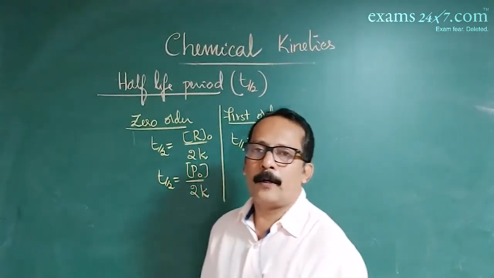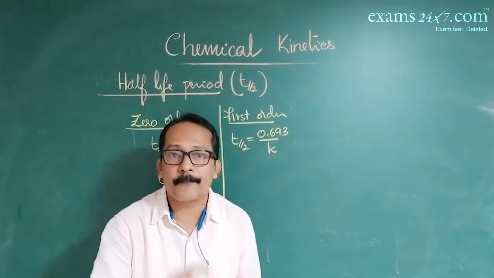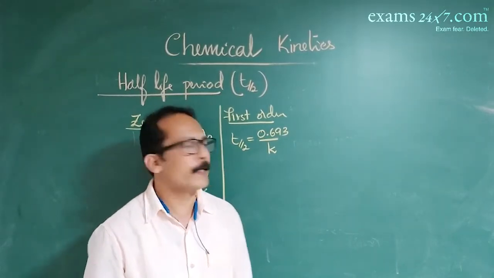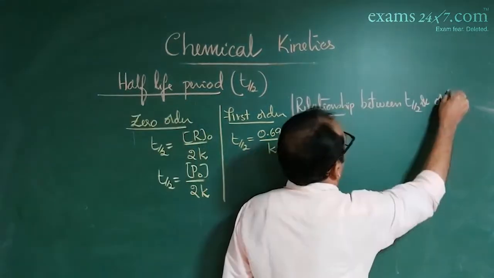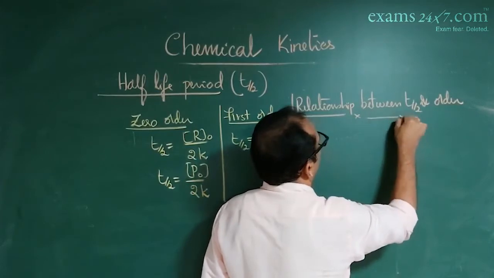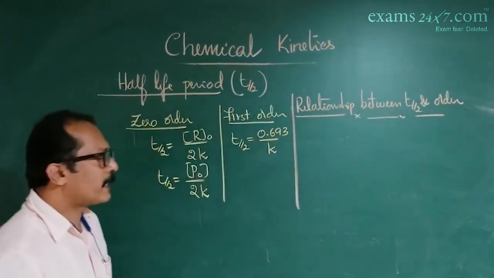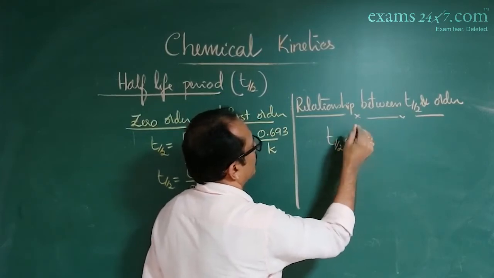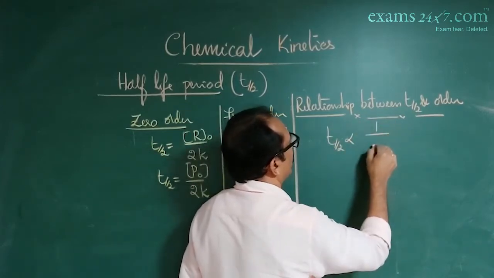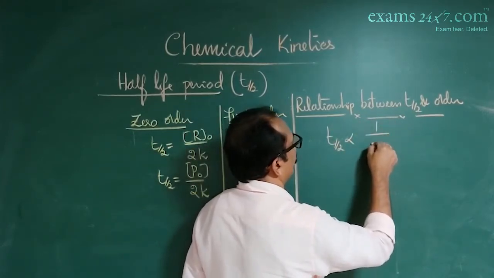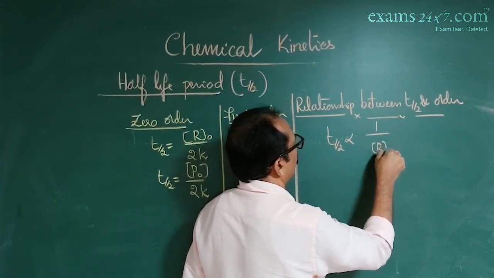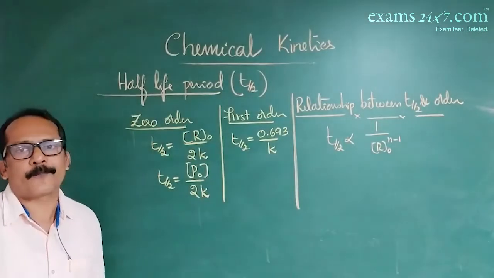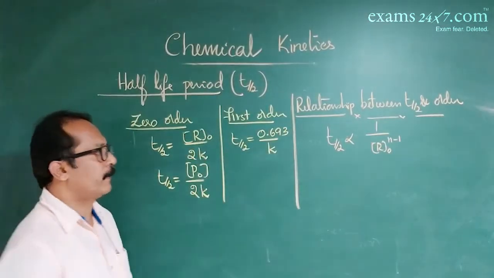Next, we will go for the relation between half-life and order of the reaction. In general, t half is proportional to 1 by R0 to the power n minus 1, where n is the order of the reaction.